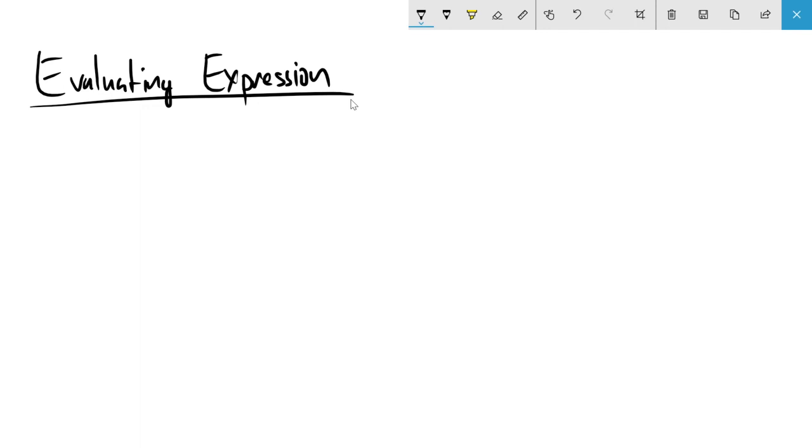So in part 4, it's all about evaluating expressions. So like in part A, I said 5x minus 4 when x equals 6. And I use that term evaluate. So what does it mean to evaluate an expression? Yeah, it means to plug in a number.